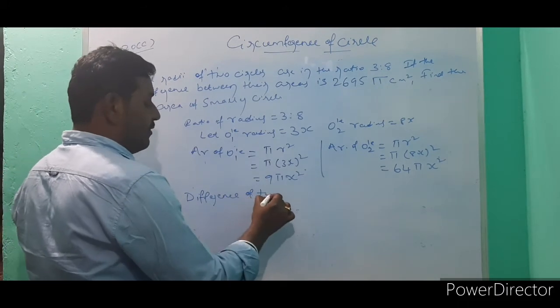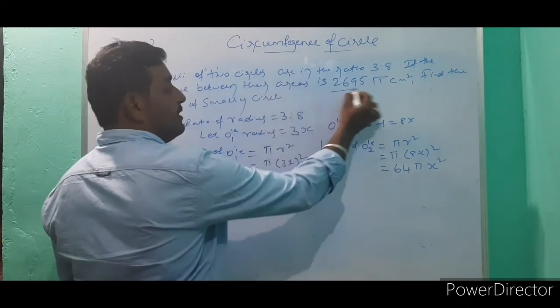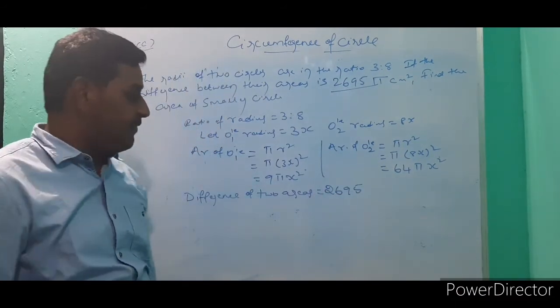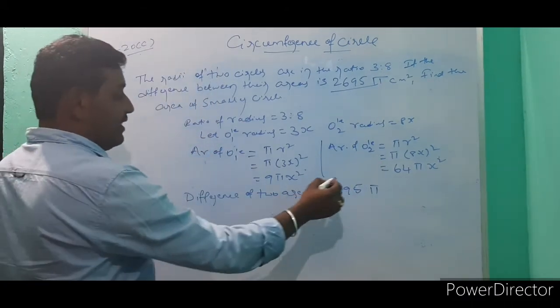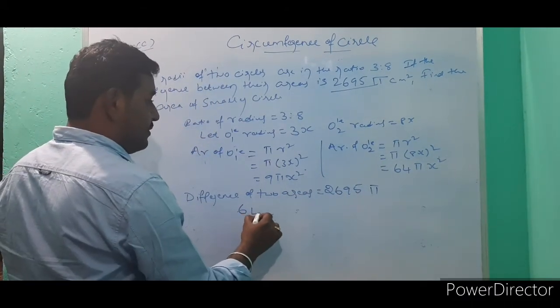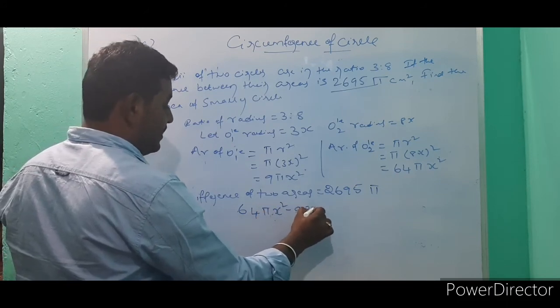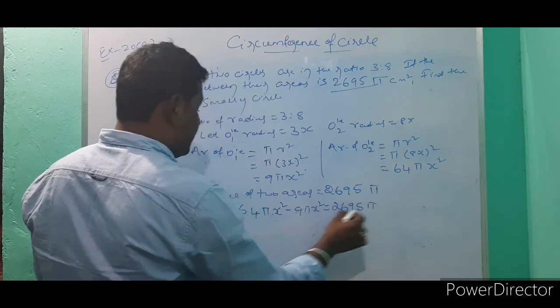of the two areas, which is equal to how much they have given here? 2695 pi. So the difference of areas means 64 pi x square minus 9 pi x square, total 2695 pi.